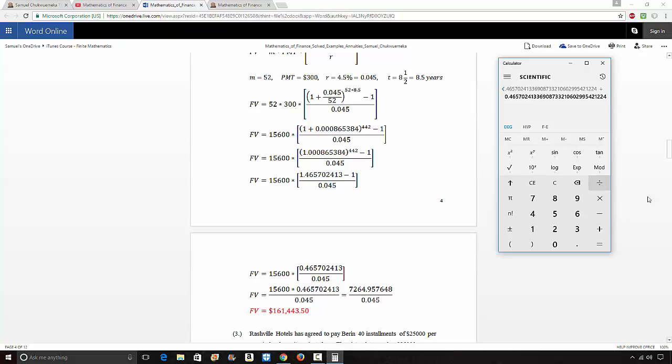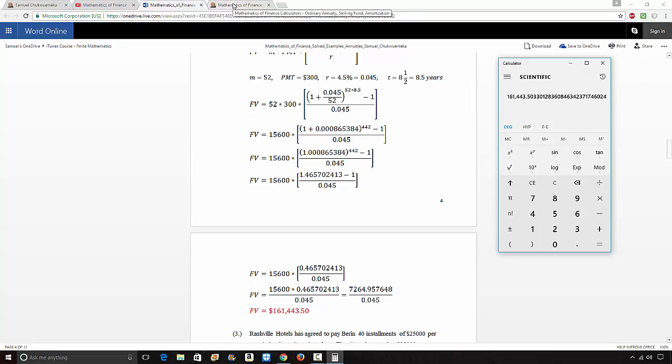It will give you the same thing. Divided by 0.045 equal to this, then times 52 times 300 equal to this. Okay, $161,443.50. Make sure you put your unit.